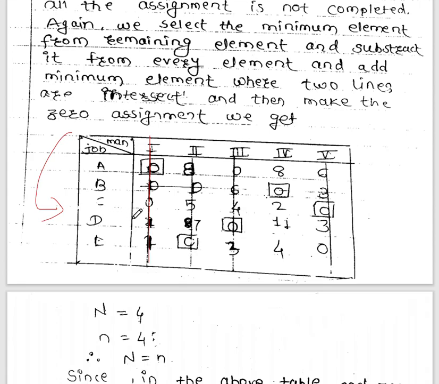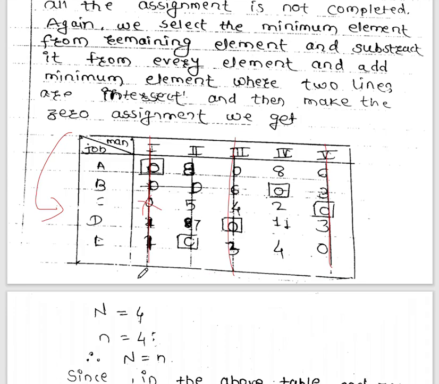In the third row there is only 1 zero, there are 2 zeros, but this 0 is crossed, so therefore we can make a zero assignment here and cross the column. In the fourth row there is only 1 zero, cross the column. In the fifth row there are 2 zeros, so therefore we cannot make the zero assignment.